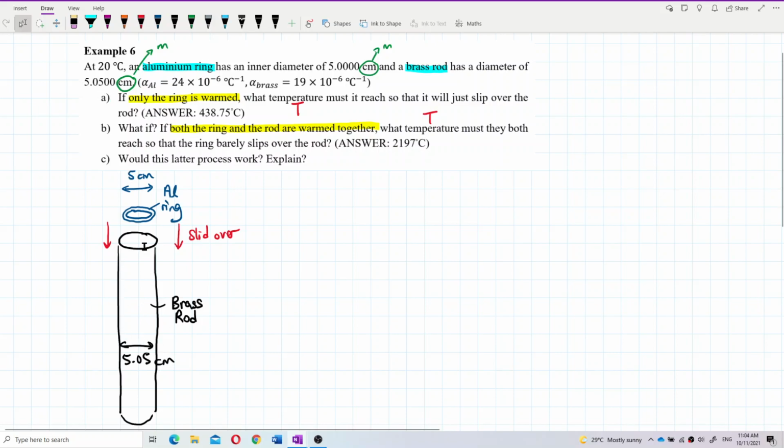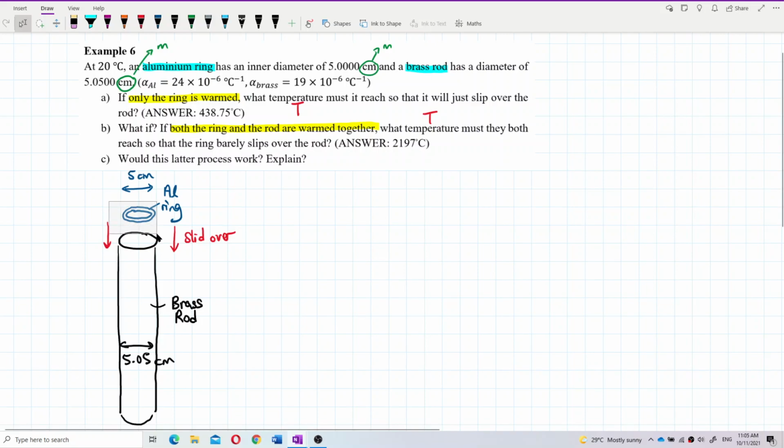Okay. So how to pass the aluminum ring through? Because the aluminum ring is smaller, the brass rod is wider. So that's why for question A, we have to heat up the ring. When we heat up the ring, this ring will expand.